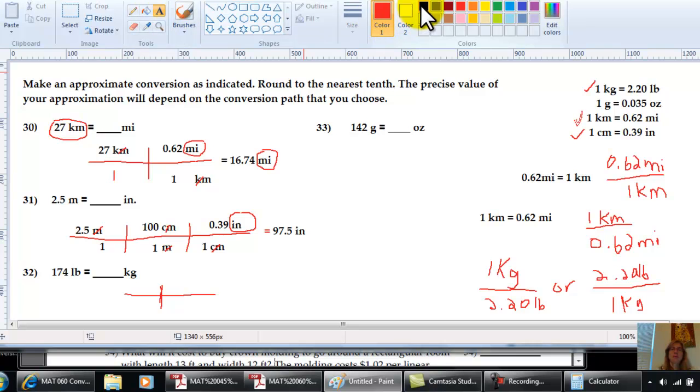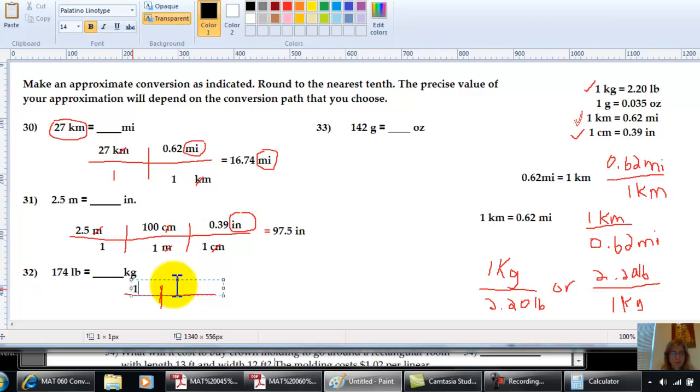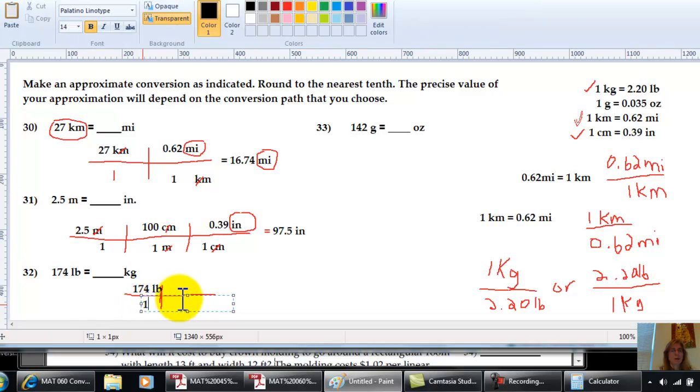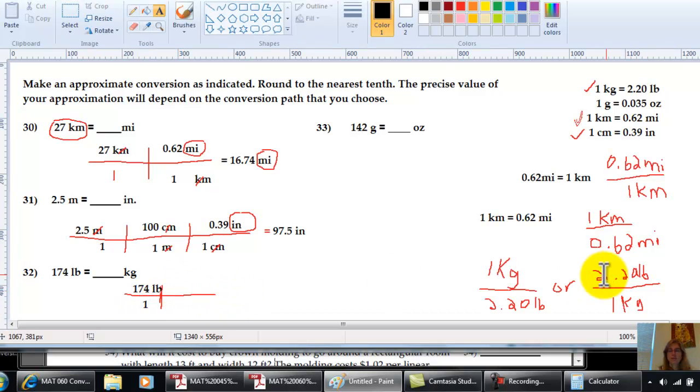So we type our original 174 pound. And then it'll be over 1. The first one is always just over 1. Then we have to choose the fraction to multiply by. 1 kilogram over 2.20 pound, or 2.20 pound over 1 kilogram. We choose the one with the pound on the bottom so that it cancels our units.